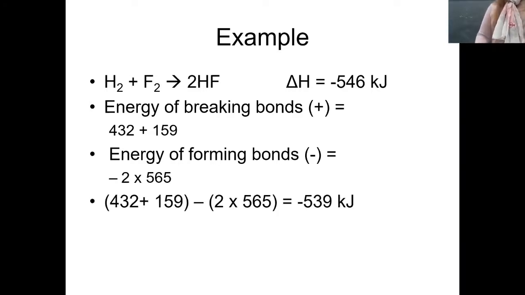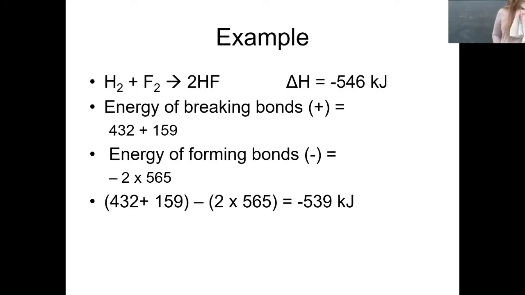So when I do this calculation, I come up with negative 539. If you don't have your calculator with you today, I recommend you do this at home. Make sure that as you calculate things, you come up with the same numbers. Now, is it the same number as the number we got from our table, our thermodynamics table? No. Is it close? Yeah. Okay, so it's a good approximation.